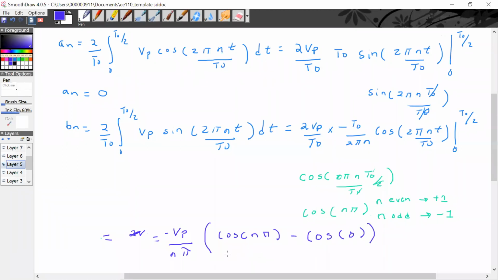So if it's even, right, we get plus 1 minus 1 goes to 0. If it's odd, we get minus 1 minus 1 goes to minus 2, and we get 2 VP over pi.